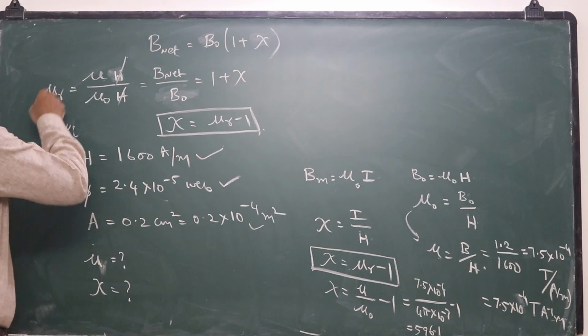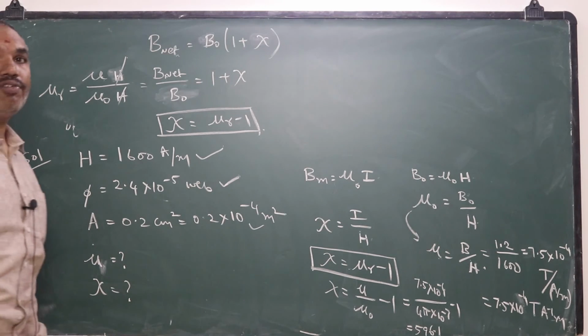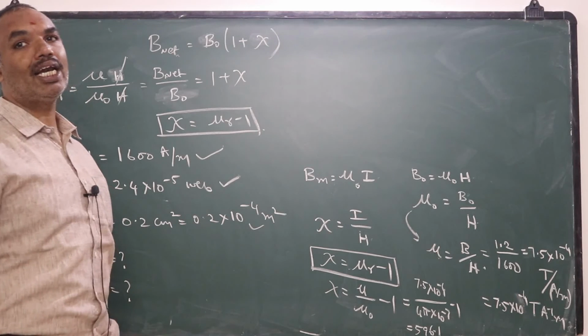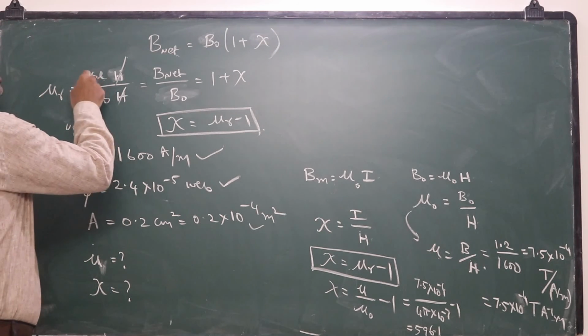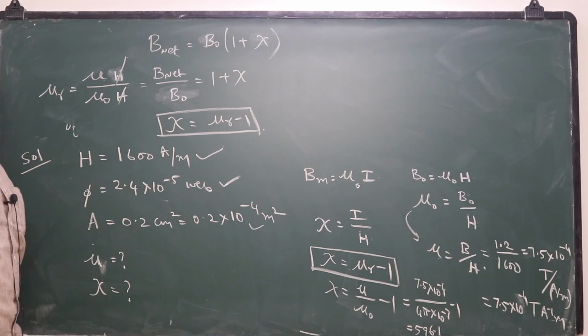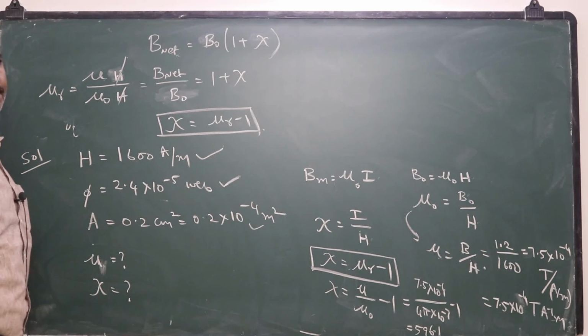Mu by mu naught is called relative permeability. Permeability is the ability of a medium to allow the magnetic lines of force to pass through it. The ability of the iron medium is represented by mu H. The ability of air is represented by mu naught H. By using that formula, we calculated this problem.